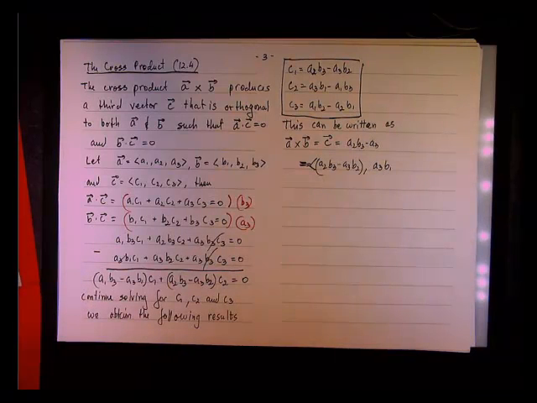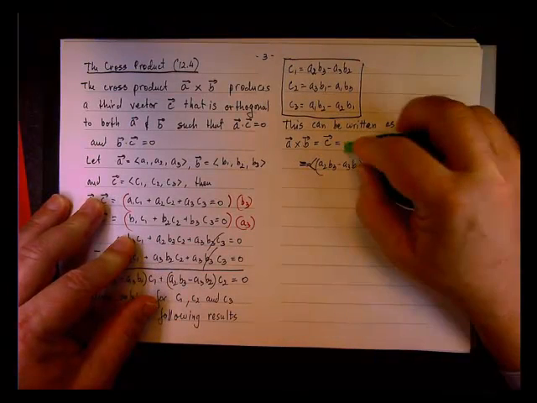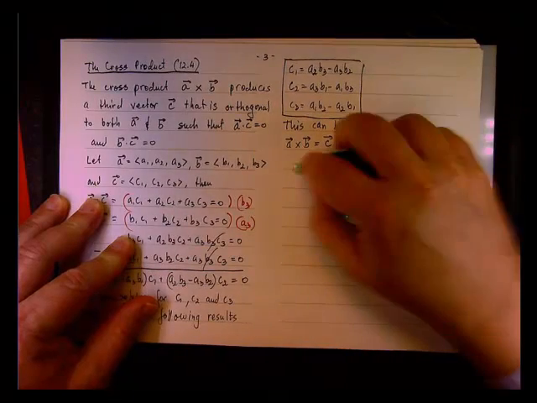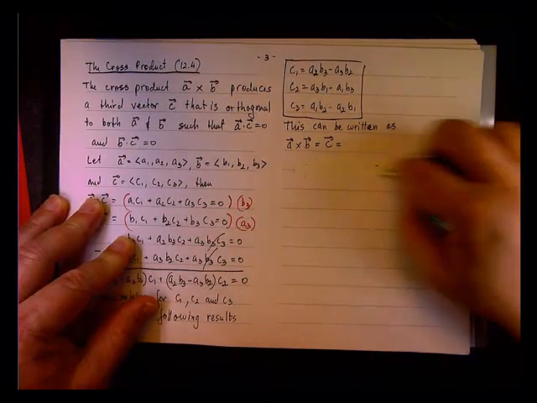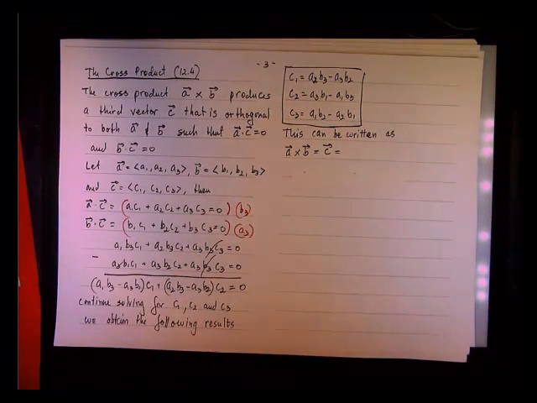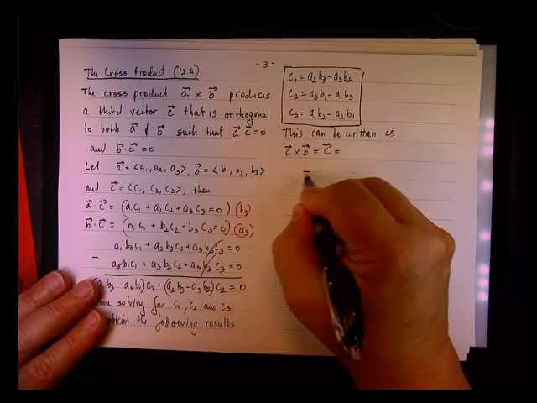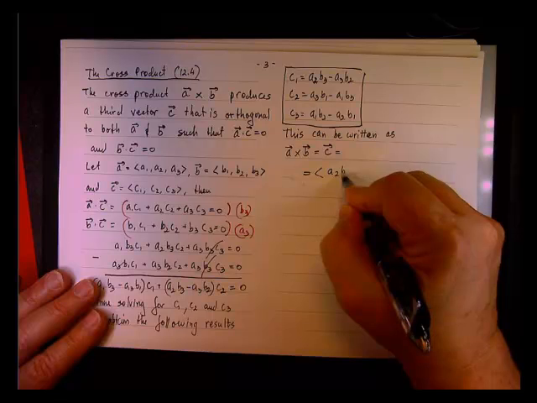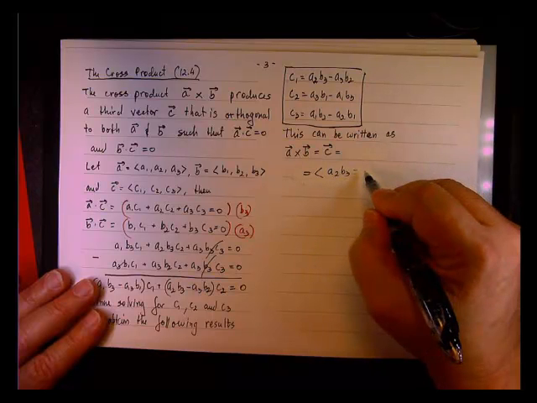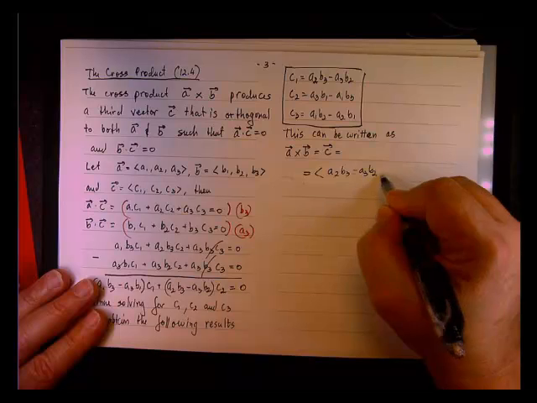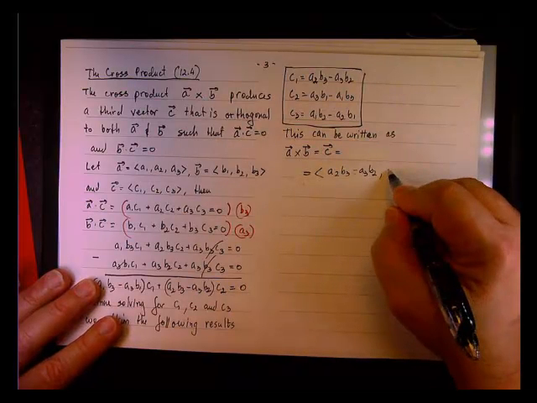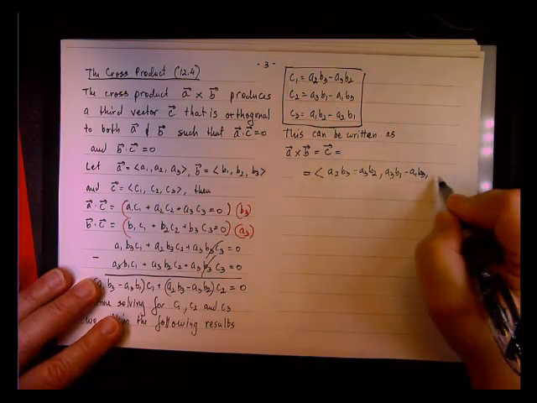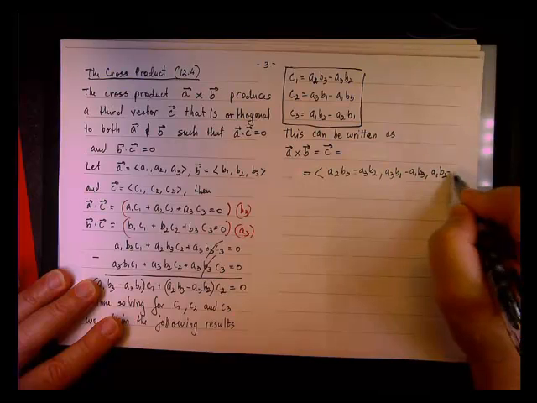Let me clean up here. I don't think I need the parentheses, so let me start over. There is no significant change. It's just that I had an unneeded parenthesis. The first component, the i component, is A2 B3 minus A3 B2. Basically, it's the C1, C2, C3 that I wrote above. So there is no new knowledge here.